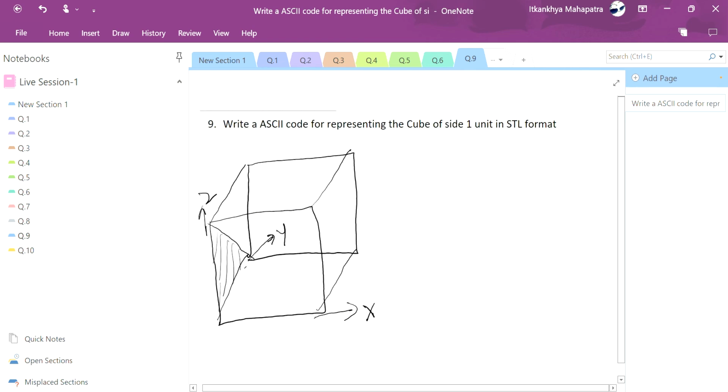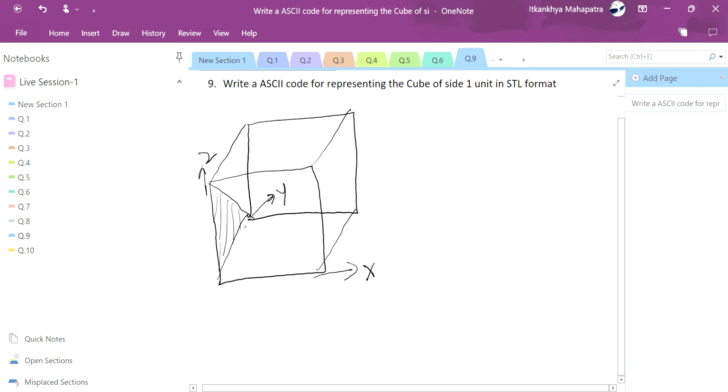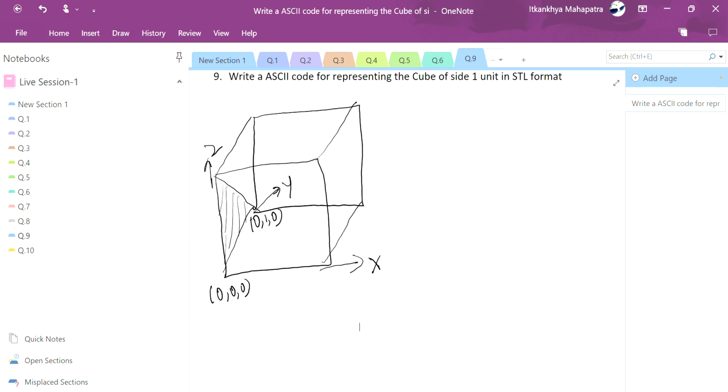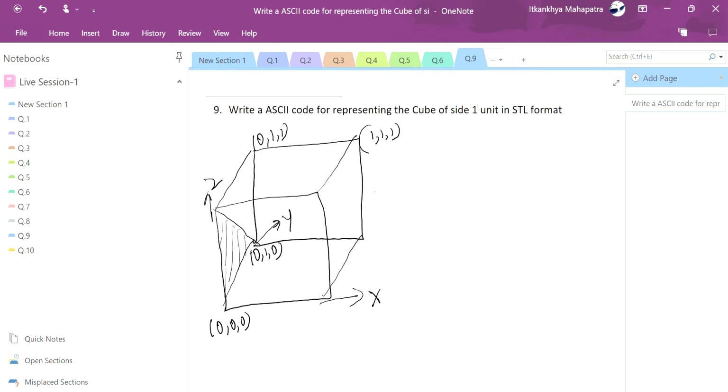So we'll now put the coordinates. 0, 0, 0. This will be 0, 1, 0. This will be 0, 1, 1. This will be 1, 1, 1. This will be 1, 1, 0.